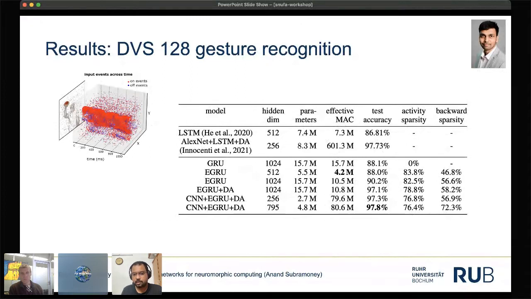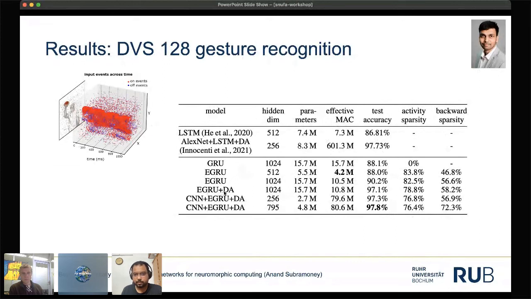This is essentially the number of operations that we would need to do, so the number of operations that is reduced because of the forward sparsity. And what we see over here is that with quite efficient models, there are essentially three variants of a model: with and without a convolutional network, and with and without data augmentation.